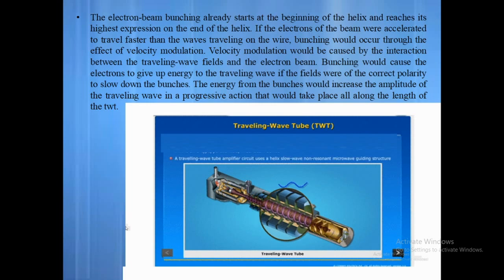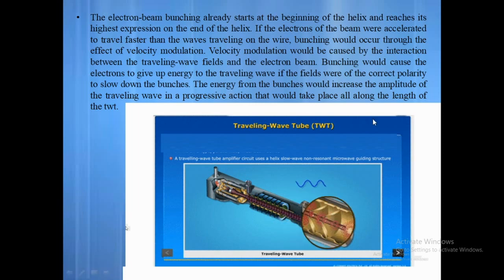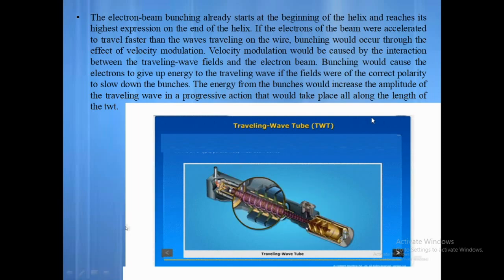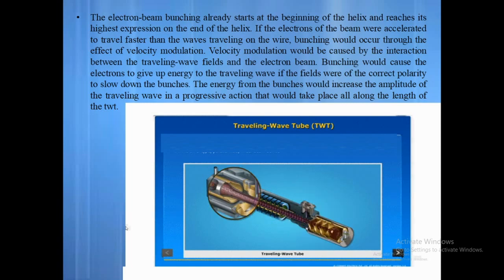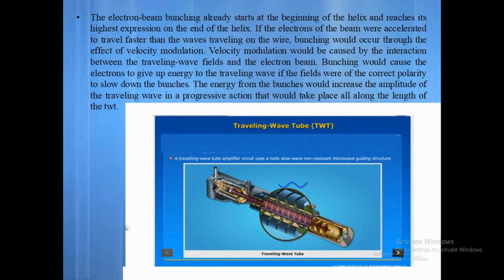So, revision: the electron beam bunching already starts at the beginning of the helix and reaches its highest expression at the end of the helix. If the electrons of the beam were accelerated to travel faster than the wave traveling on the wire, bunching would occur through the effect of velocity modulation.